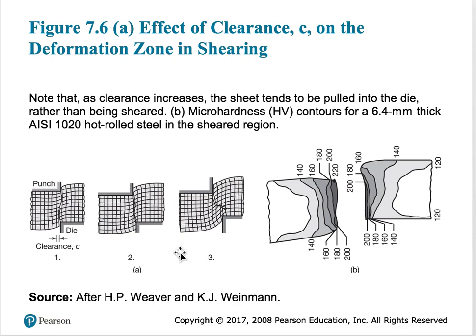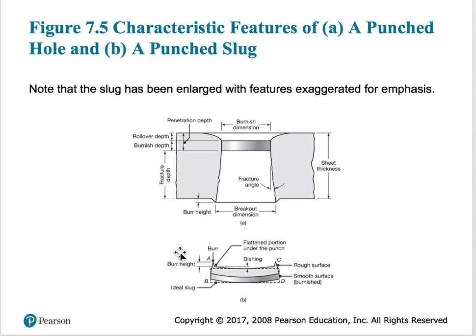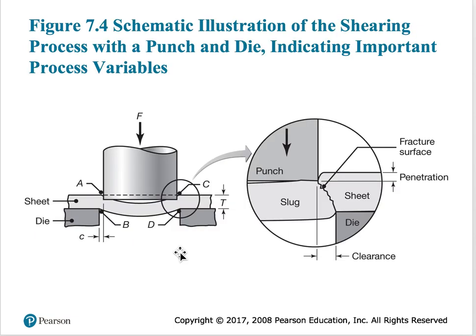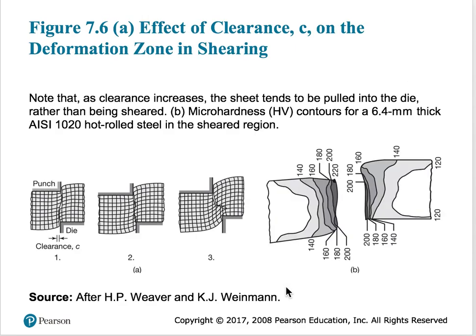In this case, this is figure 7.4. So at A and B it will start forming the crack. Those points A and B have to meet in order for the shearing to be complete.